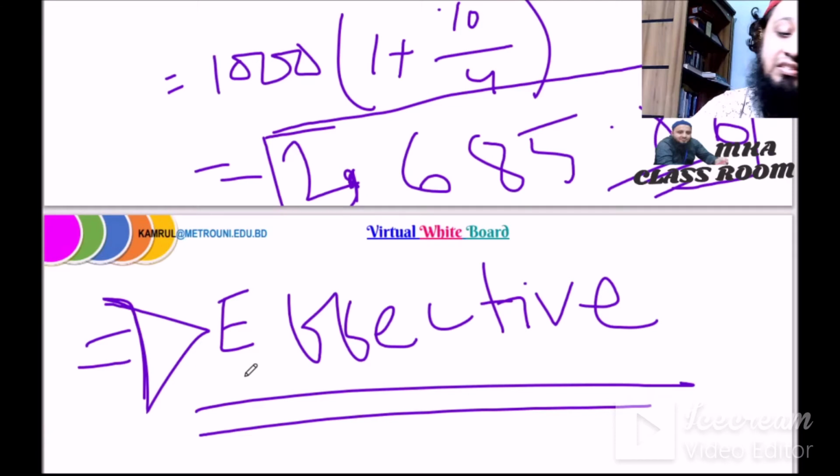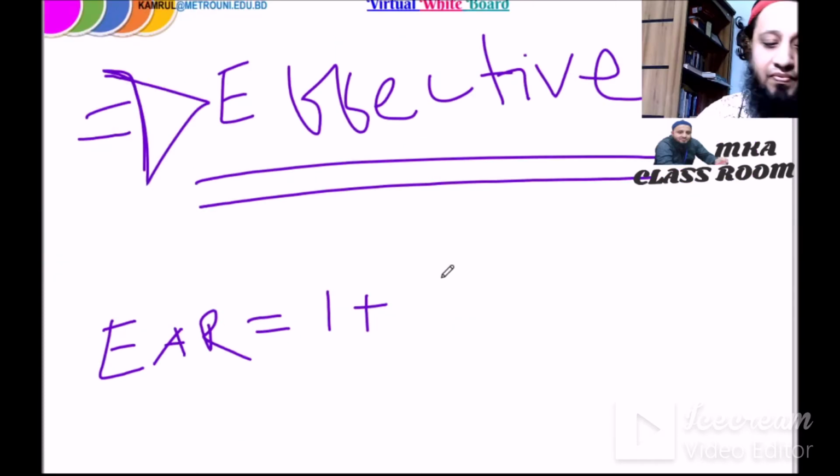So, the effective annual rate, EAR, equal to (1 plus R divided by M) power M minus 1.